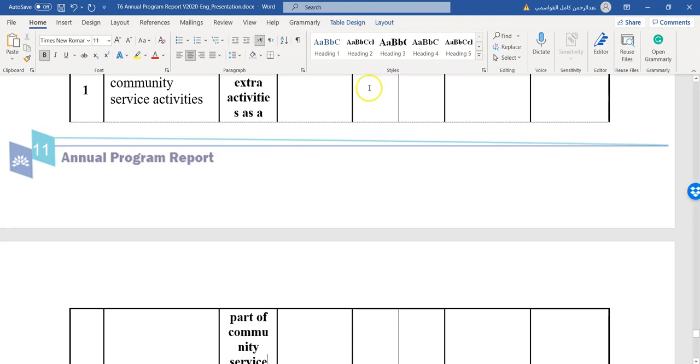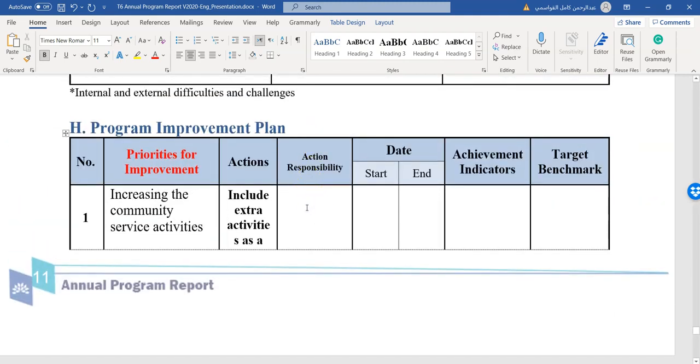service. Who is responsible? Maybe you have a committee under the graduate committee plus, for example, the community service committee.